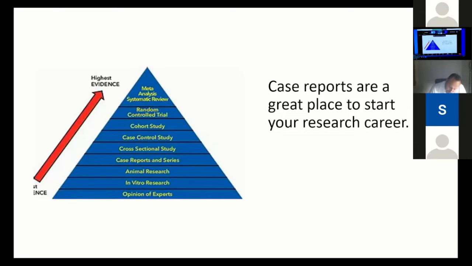They're fun to write. It's normally about something that you've seen that you're interested in and want to share. And they help you get comfortable with the process of generating scientific writing and going through the peer review process, which we're going to talk about a little bit more.